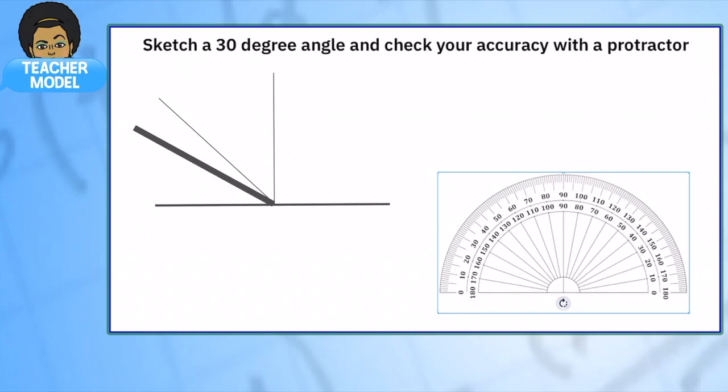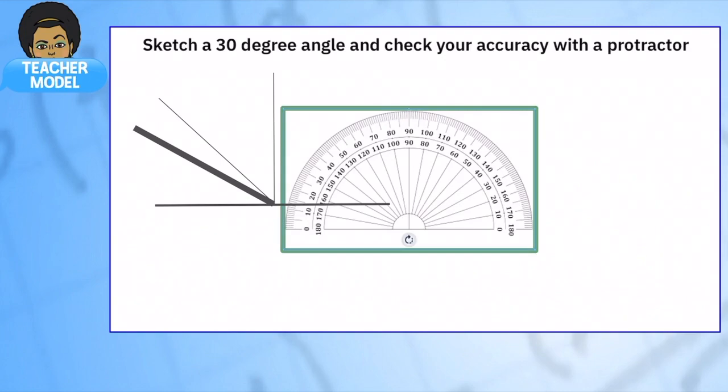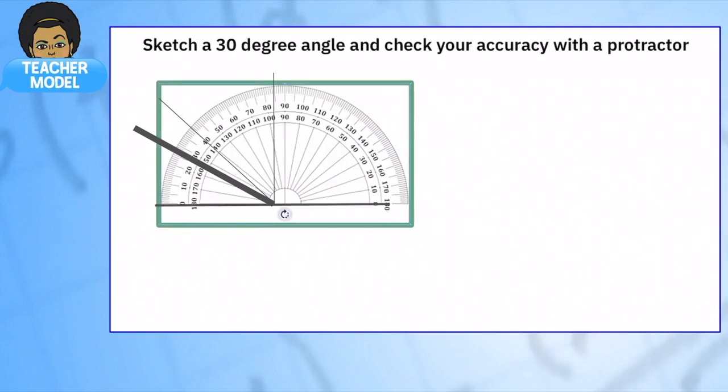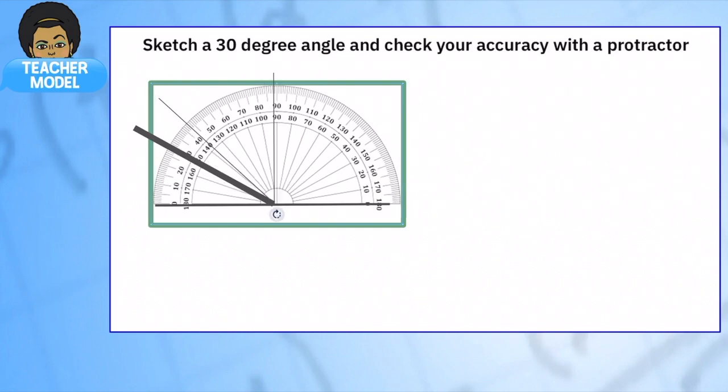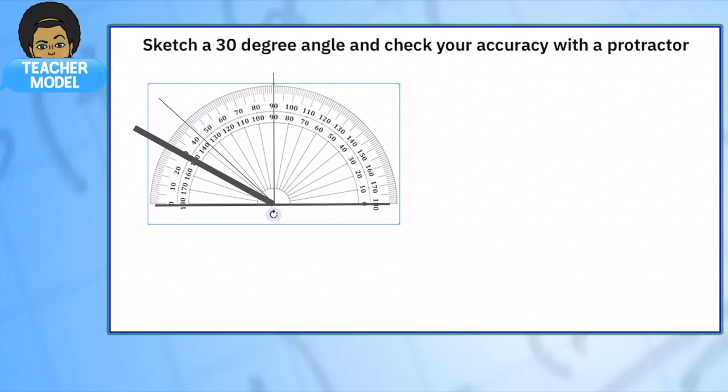Now, I'm going to take my protractor and I'm going to move it on top of my angle. I want that little targeting system right there in the vertex. You can see that's where it is.